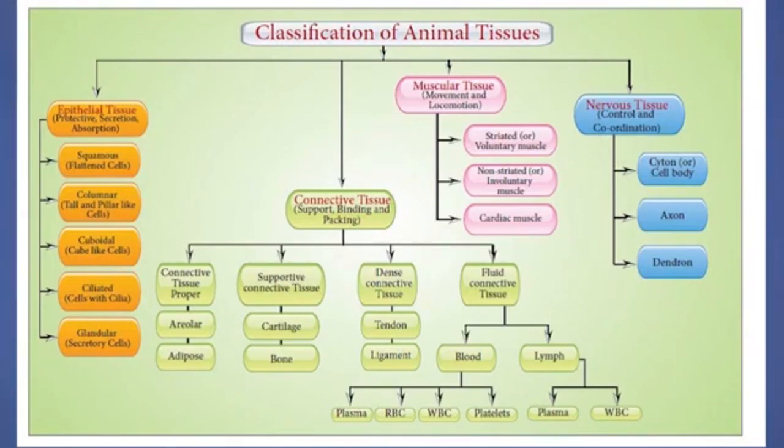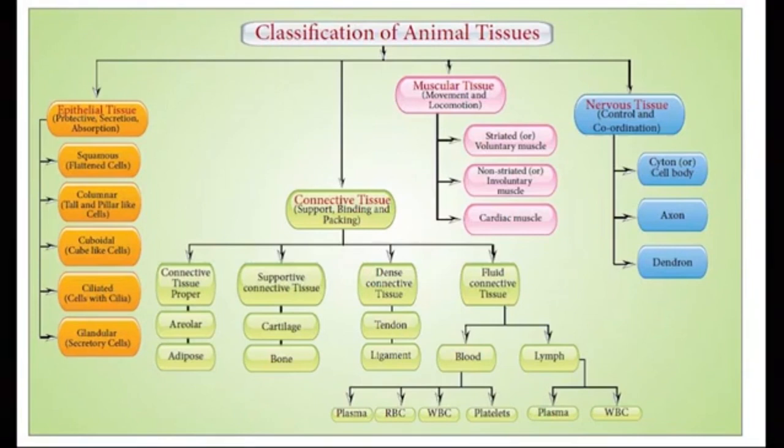Next, we are going to learn about the first one, squamous epithelium, which is made up of thin flat cells with prominent nuclei. Its location is the delicate lining of the buccal cavity. Buccal cavity means mouth cavity. Then the alveoli of lungs.